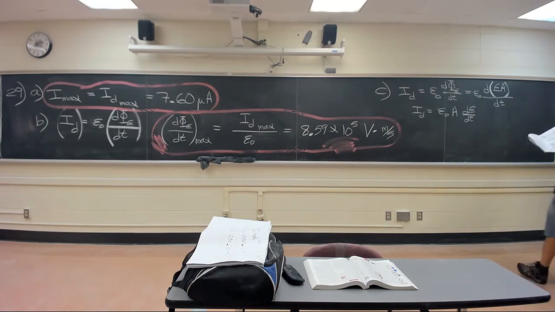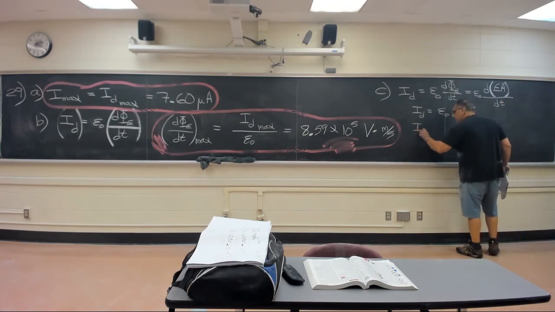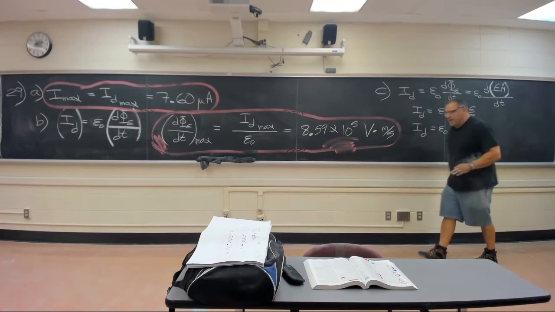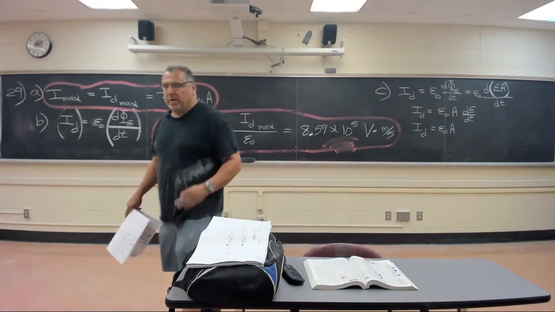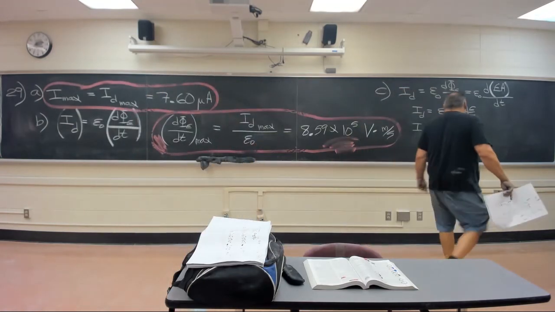True. We know that epsilon naught, here's A, we're taking A as a constant because we're looking at the entire area of one plate, which is the same as the entire area of the other plate. So we got it like that. dE dt is of interest.